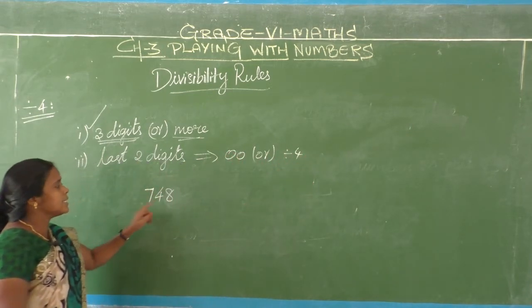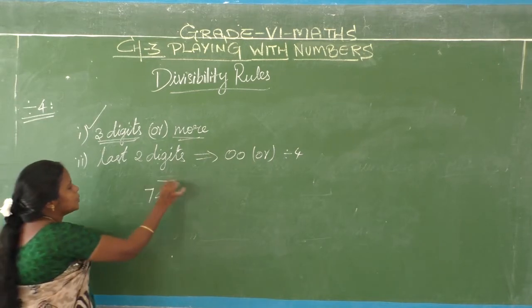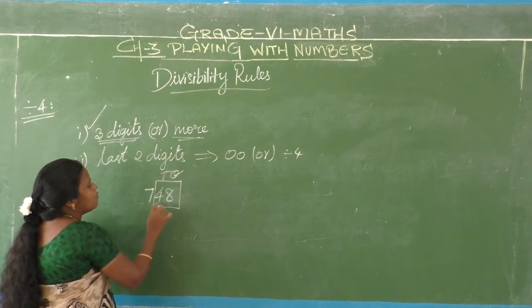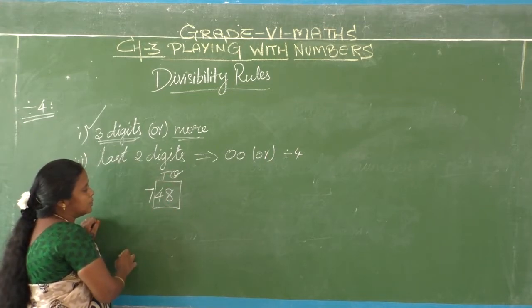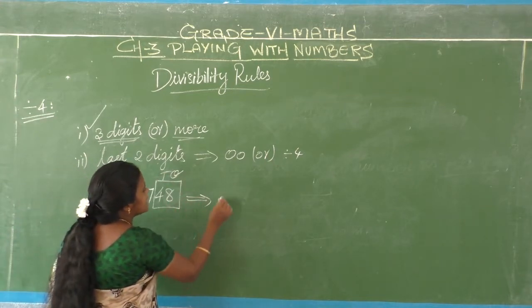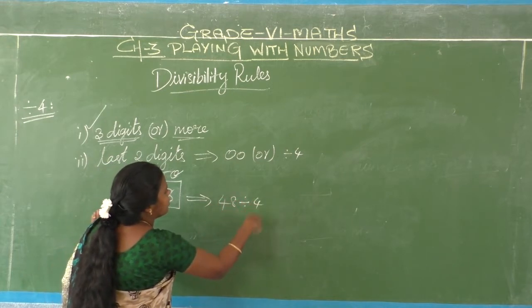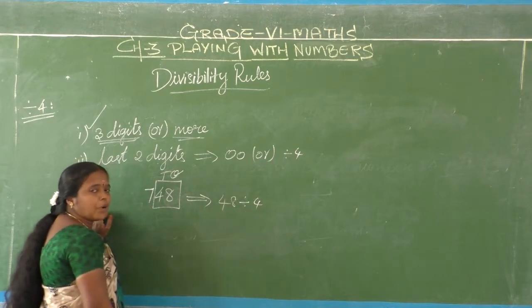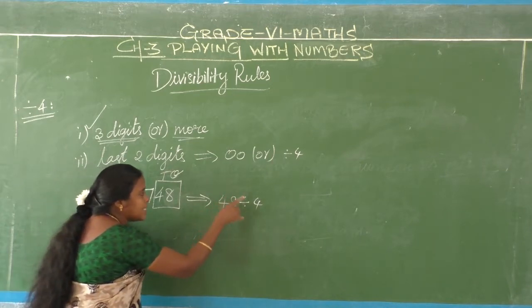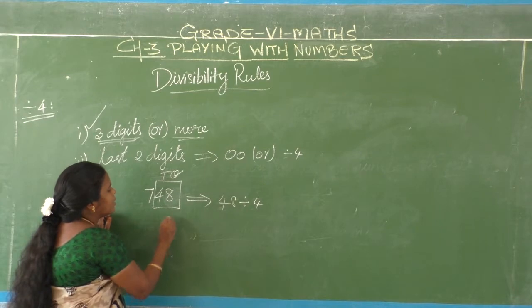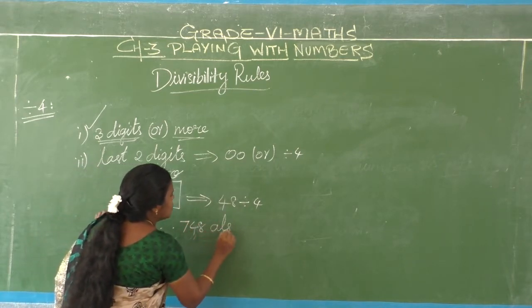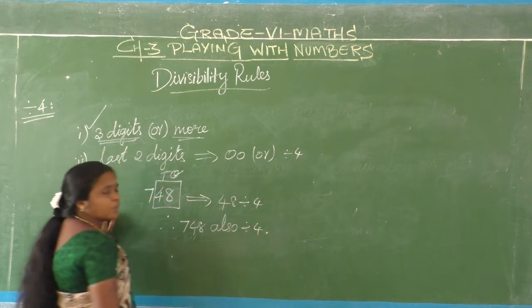The last 2 digits of 748, the ones and tens, are 48. Is it divisible by 4 or not? We will check. 12 fours are 48, so 48 is divisible by 4. Therefore, we can tell 748 is also divisible by 4.